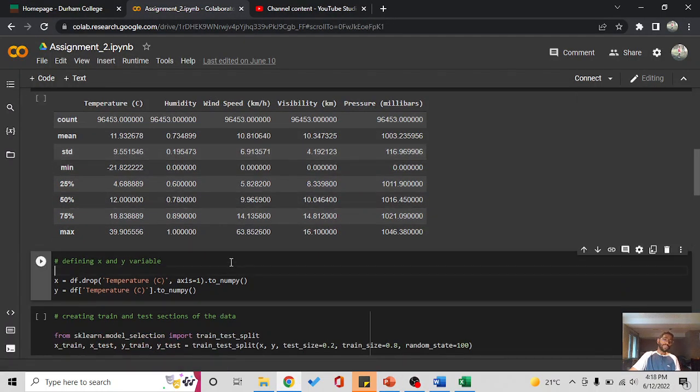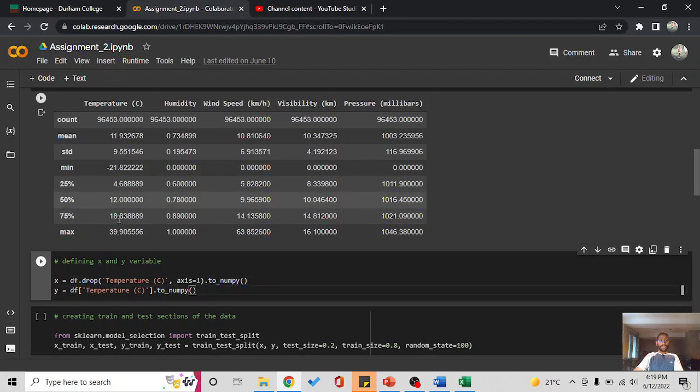Now we get to the main part of the linear regression model. We are splitting our data into the independent variables and the dependent variable. We have 4 independent variables, so we will put them in X. It's going to be a data frame, and from this data frame we're going to drop temperature and make it a numpy array and put it into x.